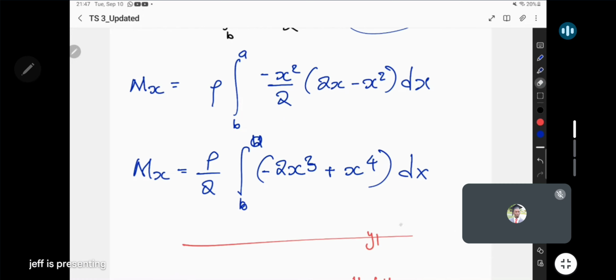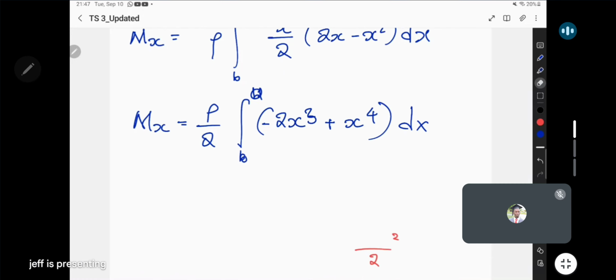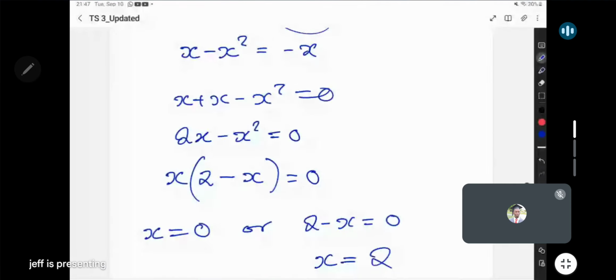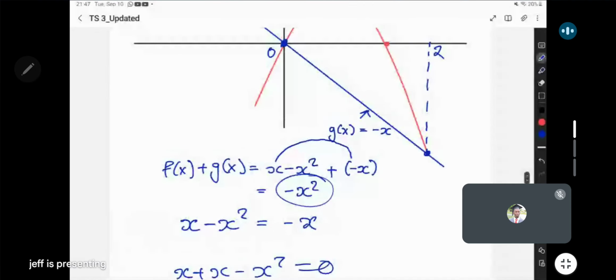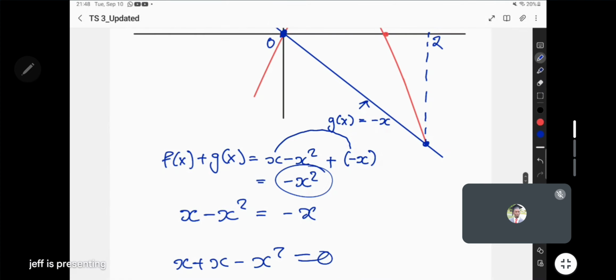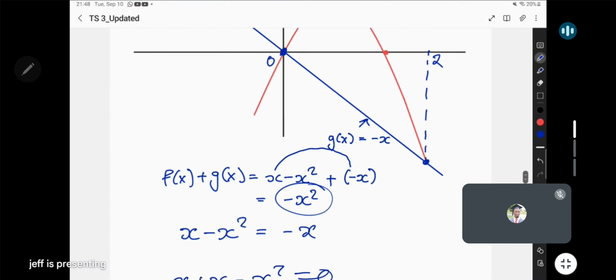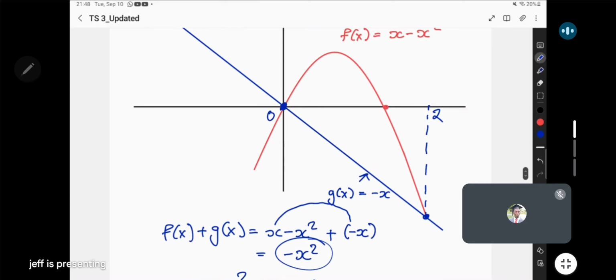But we also need to understand what the limits of integration are going to be. So what are we going to use here? The limits here are just going to be the points where these graphs are intersecting. Okay, so in this case, our values of x are changing from 0 all the way up to 2.